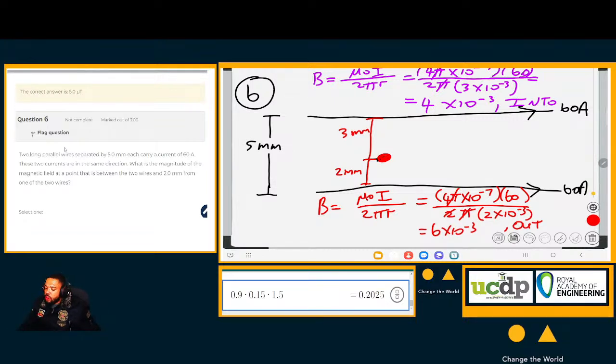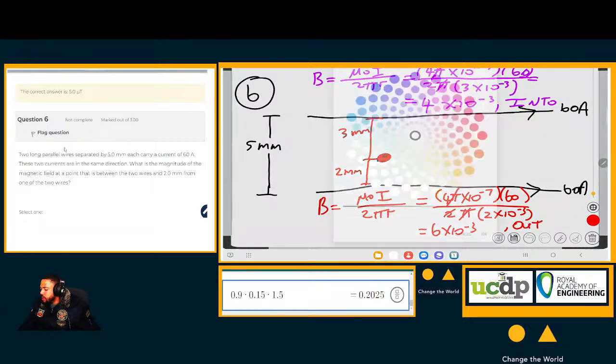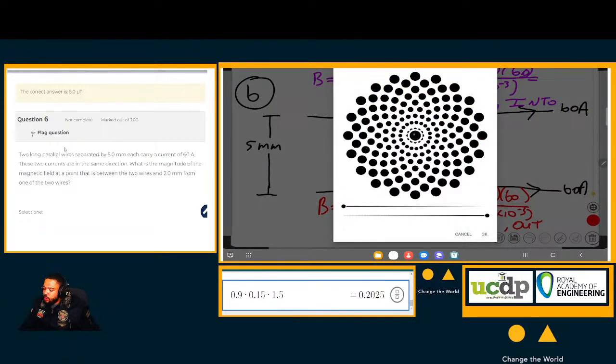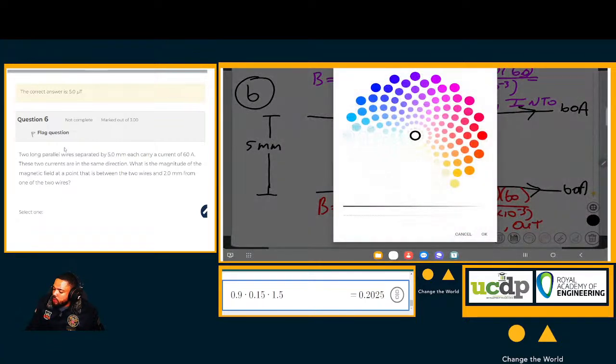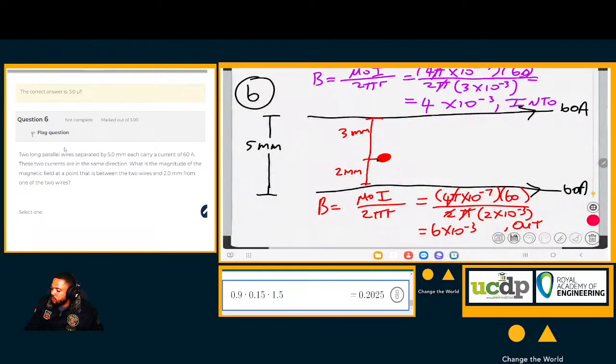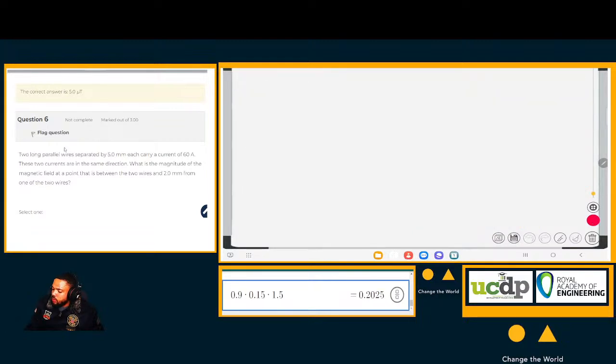Okay, and we can do the net. So the net magnetic field for this problem will be B out of the page minus B into the page.